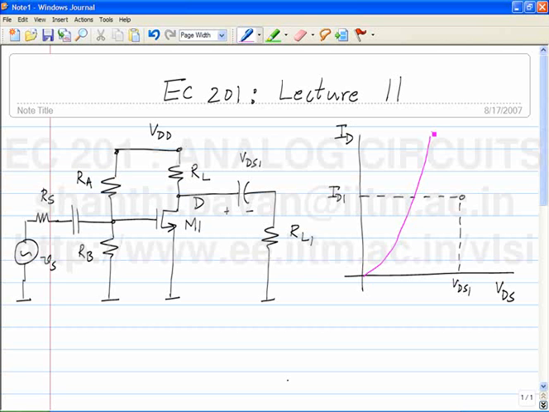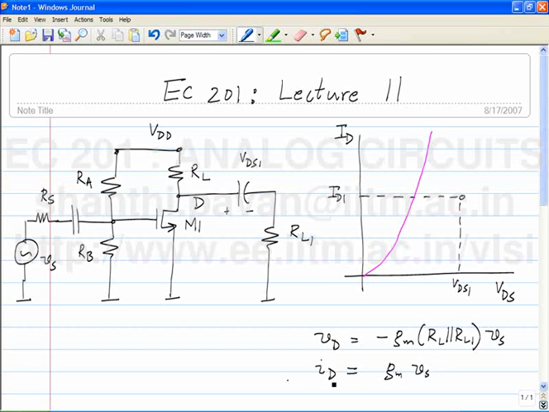Why? Because the incremental voltage Vd is given by minus Gm times RL parallel RL1 times Vs, and the incremental ID is given by Gm times Vs. So you can think of two separate equations being dependent on a single parameter Vs.